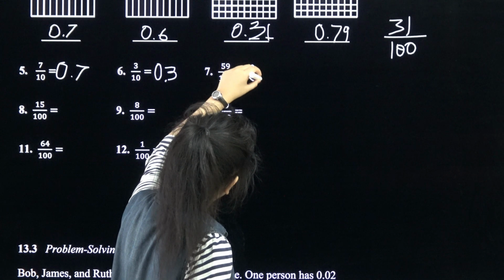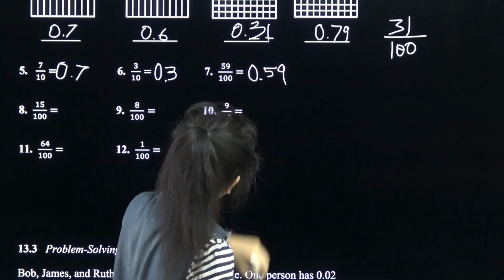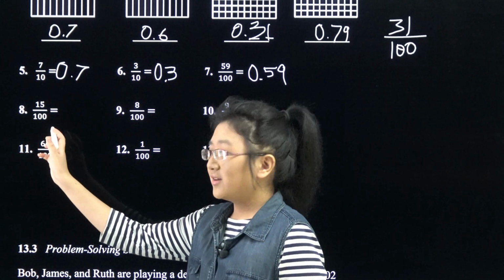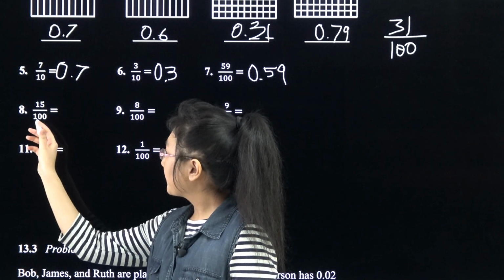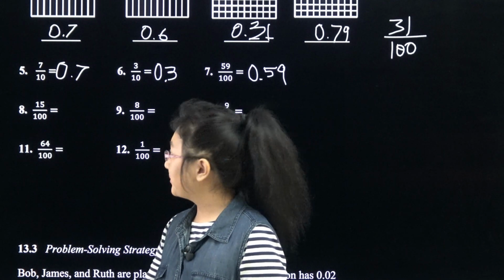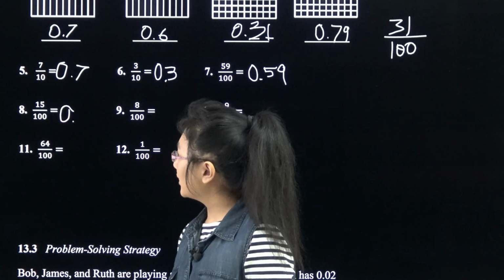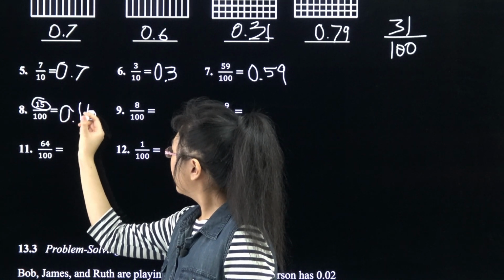Then we just write 0.59. This one is just like that one. There's 2 decimal places. 0 point, and there's 2 digits up here, so 0.15.